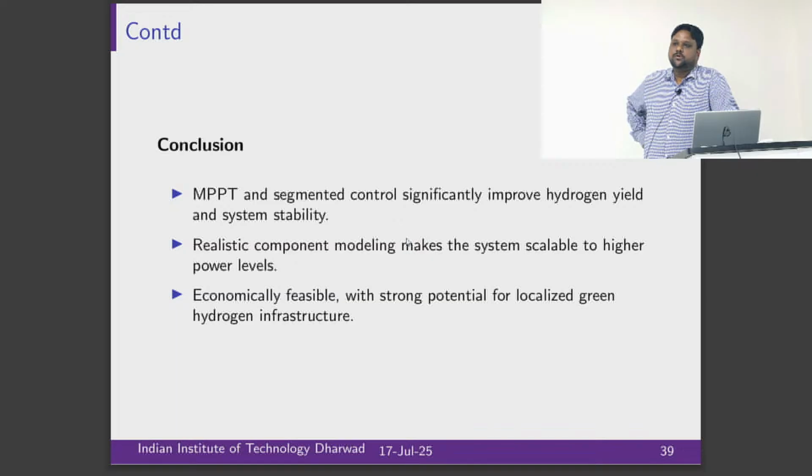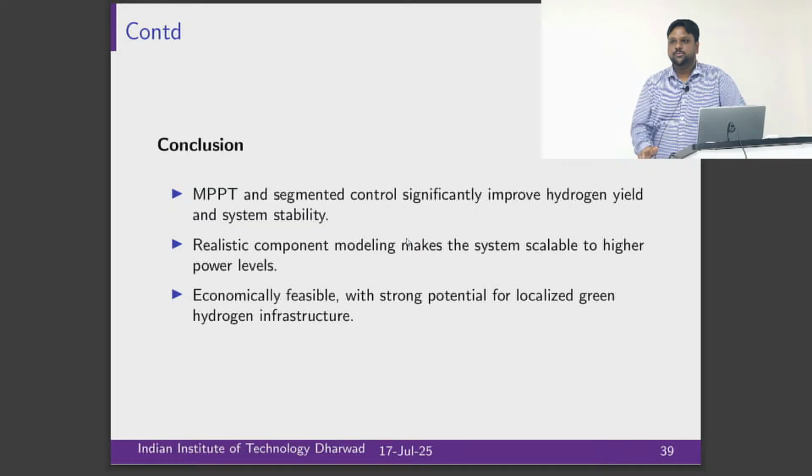Let's say you are just doing hydrogen production for some end uses, and you want to generate locally, in the range of, let's say, kilowatts or maybe less than a kilowatt. At that time you can go with DC, because at the end of the day electrolysis happens with a DC power supply. But if you are aiming for a big investment at grid scale and you want to integrate to the AC grid, definitely you go for AC coupled, because you cannot pass or consume DC power directly from the AC grid. So you have to have some kind of conversion in between.